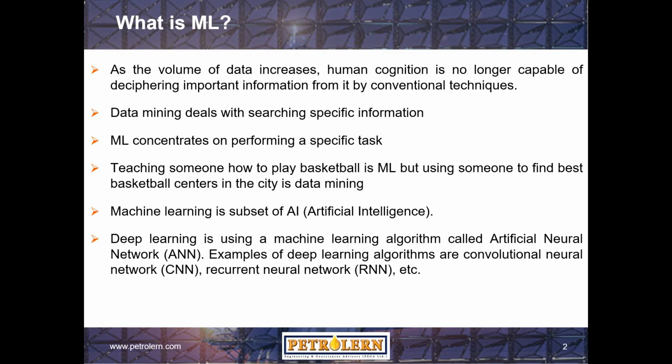Examples of deep learning could be convolutional neural network, recurrent neural network, which is called RNN, and so on and so forth. Those basically mean using an artificial neural network with multiple hidden layers.